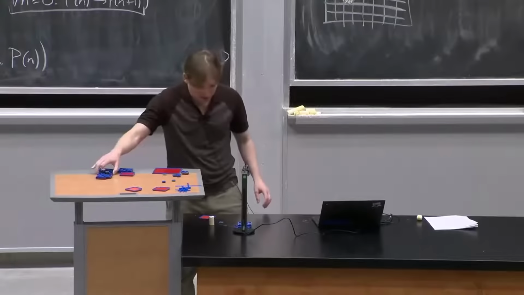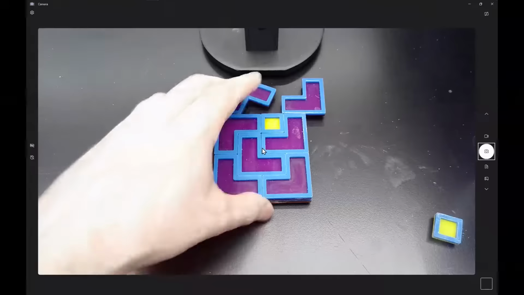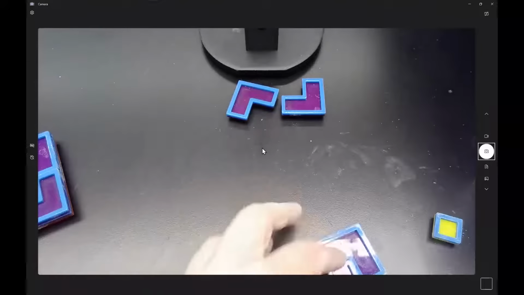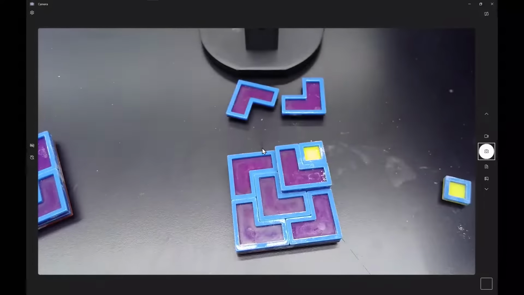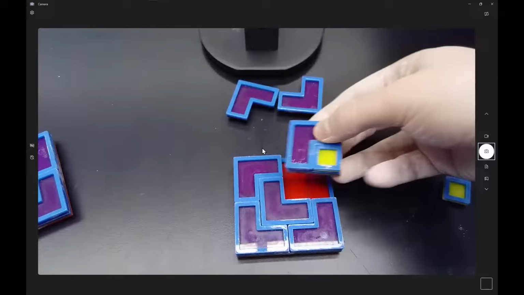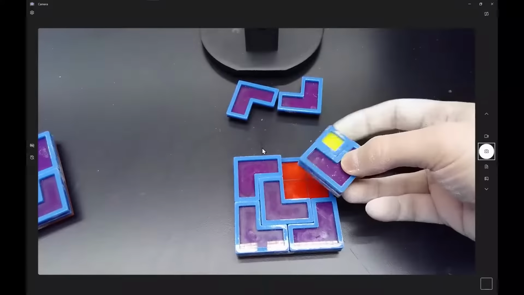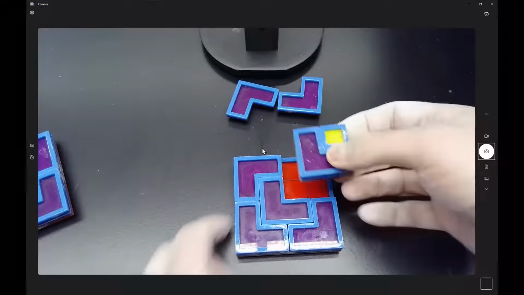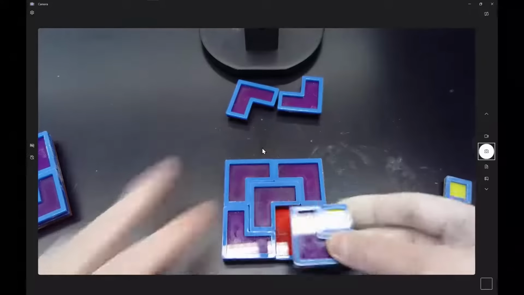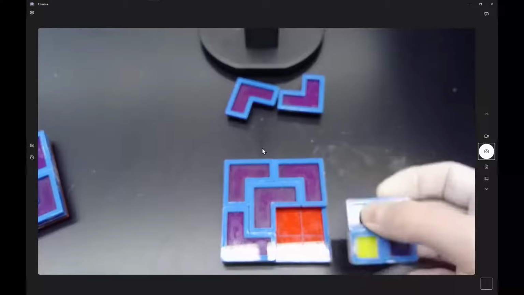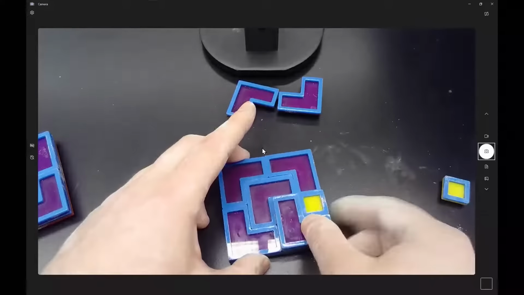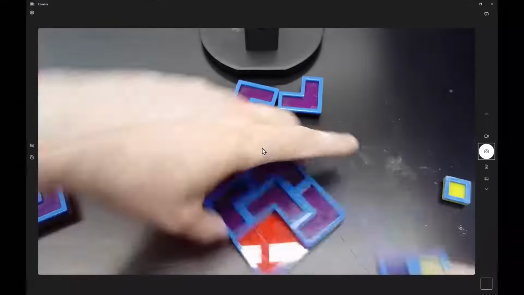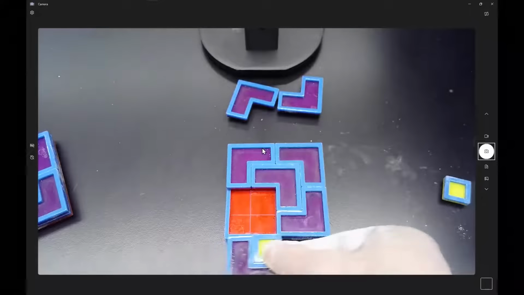But also it turns out it's not too difficult to generalize from there. Like if the missing cell is in one of these 4 positions, then I know how to do it. If it's in one of these 4 positions, then I also know how to do it. If it's there, I can just put that there. If it's there, I can put that there. If it's in one of these 4 spots, can still do it.